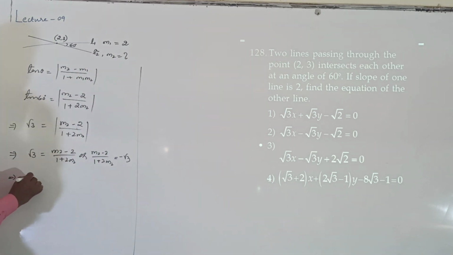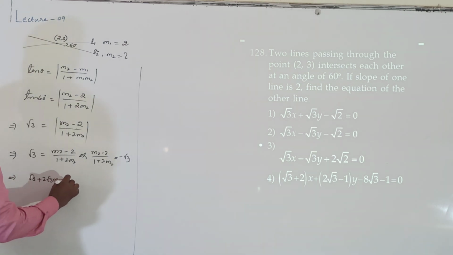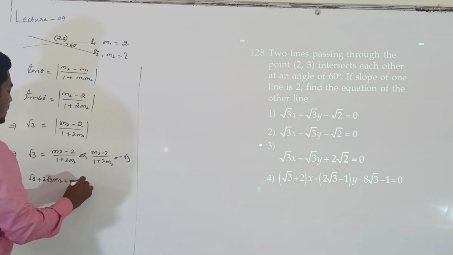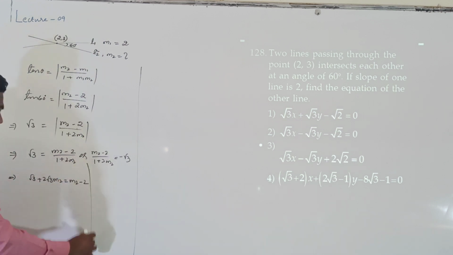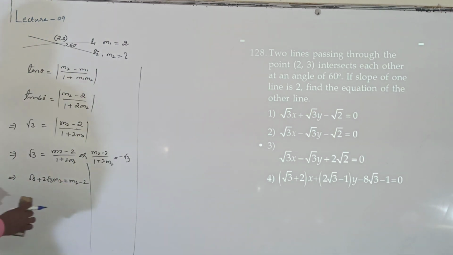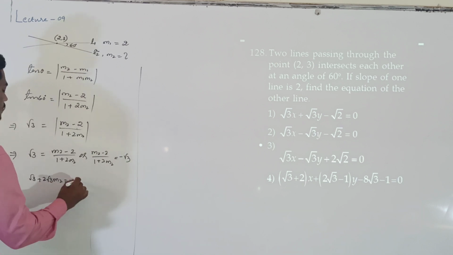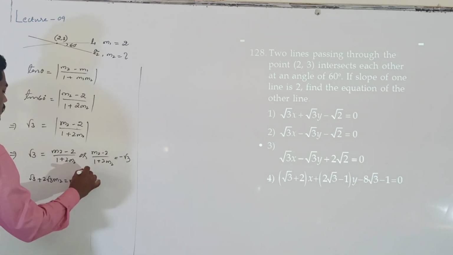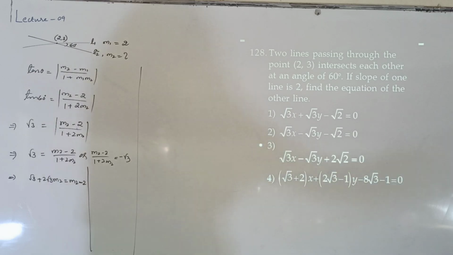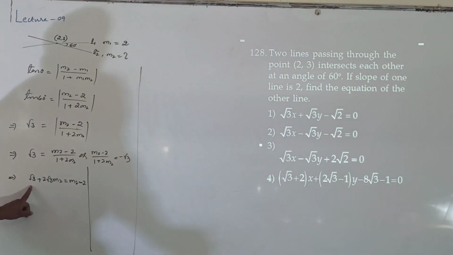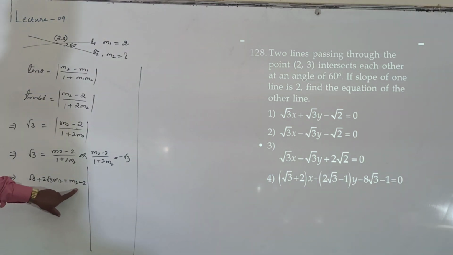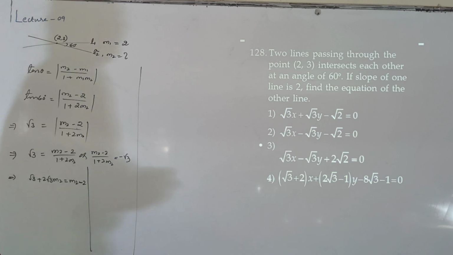Just cross multiplication, that is root 3 plus 2 root 3 into m2 is equal to m2 minus 2. Then just simplification.